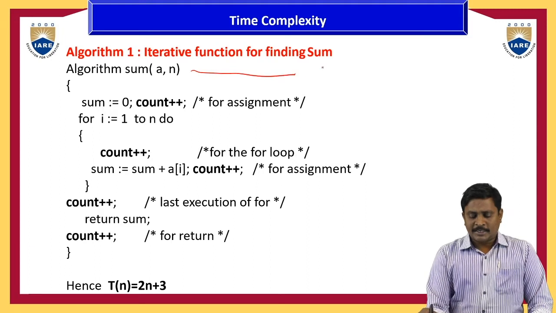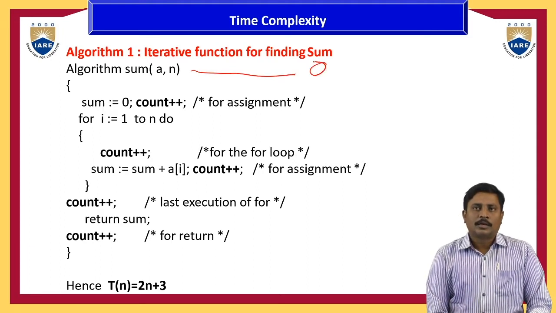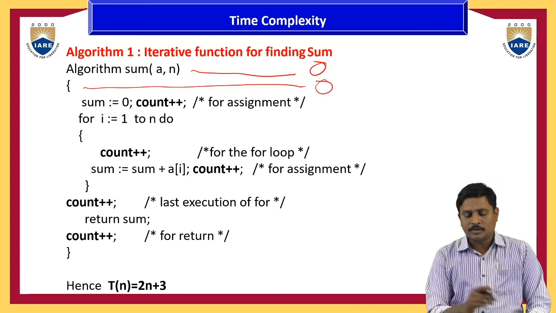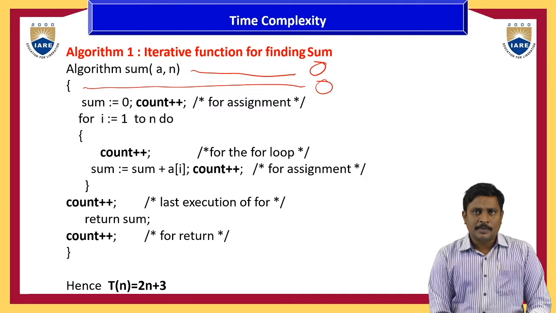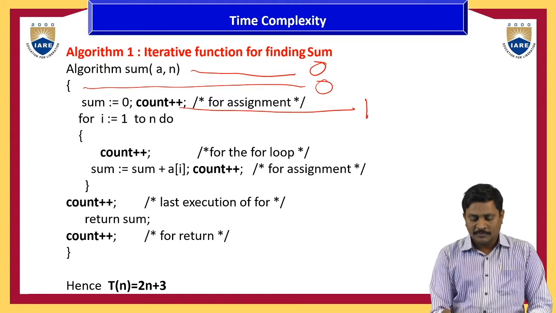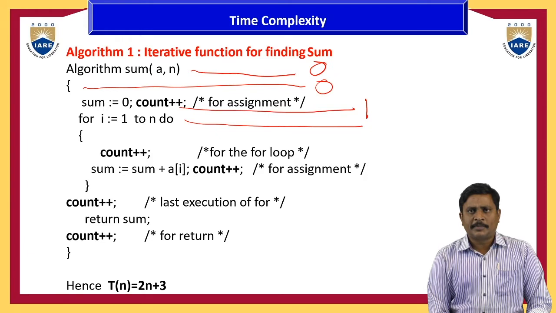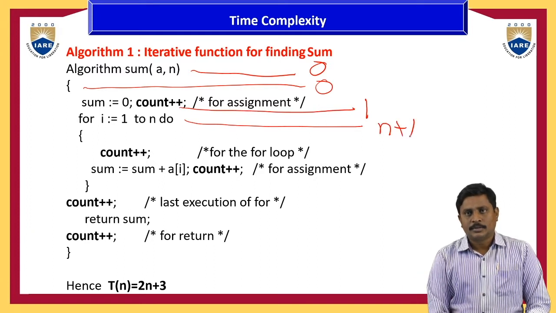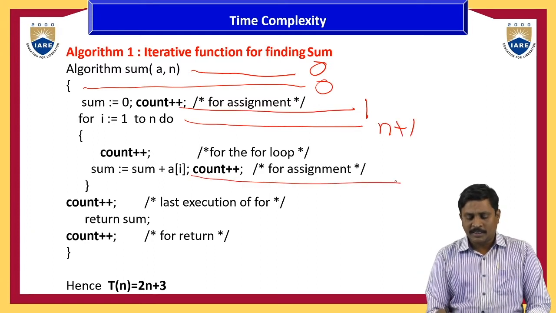The heading of the algorithm takes 0 counts. The braces also take 0 count. Sum equal to 0 is a simple statement, so it takes 1 step count. The for loop is a simple statement, it executes one time, plus it repeats n times for the statements below it, so it repeats n plus 1 times in total. Next, the sum statement is under the for loop.